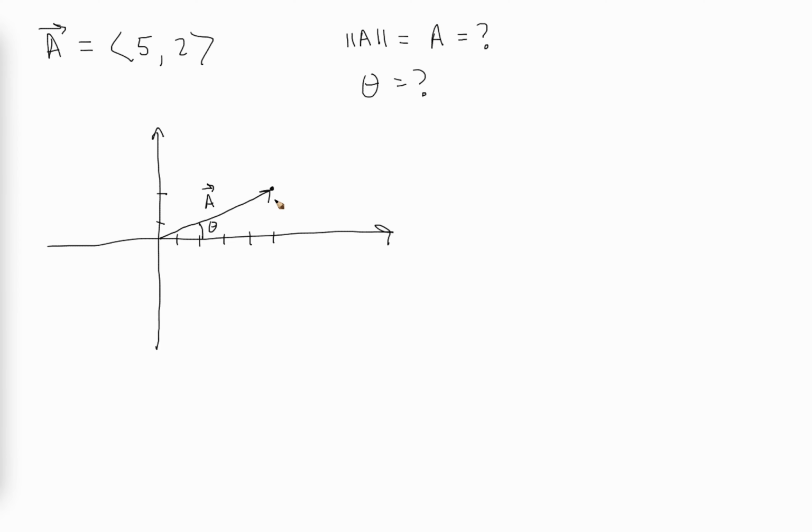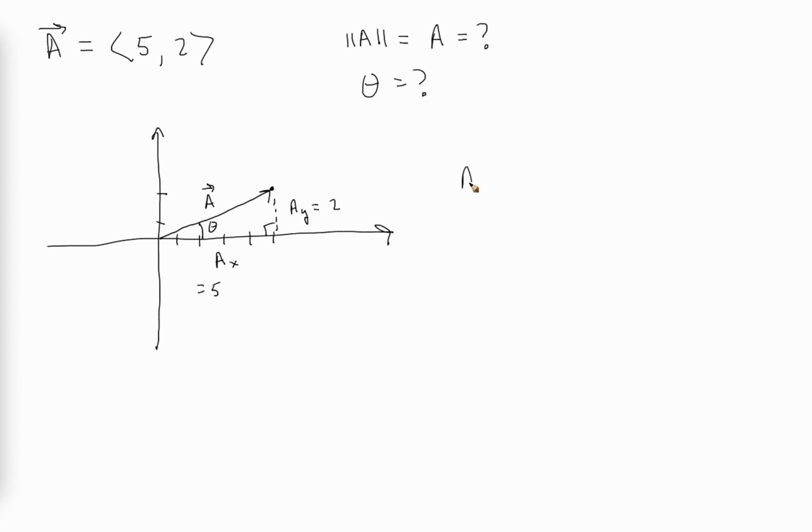What we're going to do is build a right triangle here, and we have this length, a sub x, which we know is equal to 5, and this length, a sub y, which we know is equal to 2. Then we just use the Pythagorean theorem.